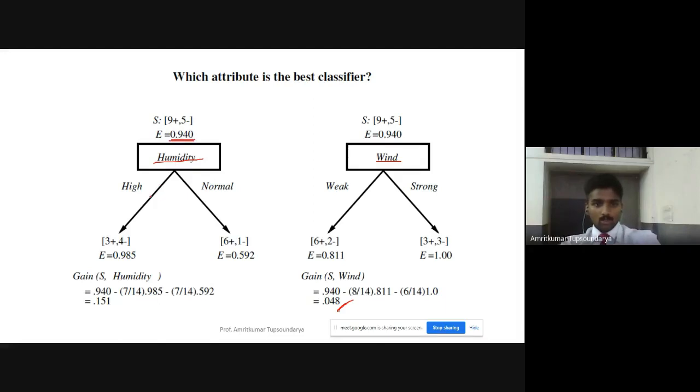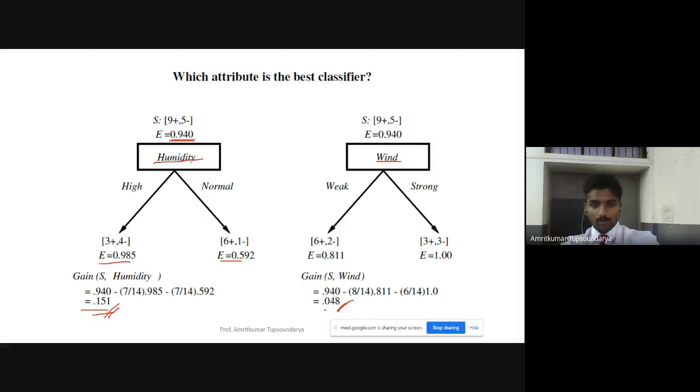Humidity can have either of two values, High or Normal. For the High value, we get entropy 0.985, and for Normal, we get entropy 0.592. When we substitute into the gain formula, we get gain as 0.151. So as you can see here, compared to Wind, Humidity is able to give us more information gain, right?